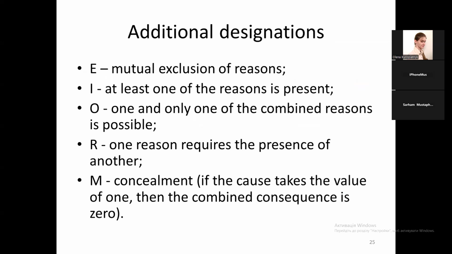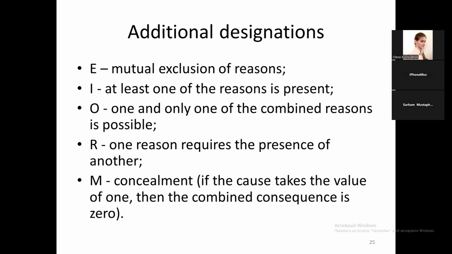To designate some relationship between reasons, we can use additional designations. There are E, I, O, R, and M. Maybe the most widespread situation is where we have a mutual exclusion of reasons.